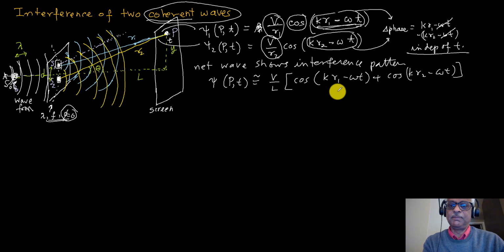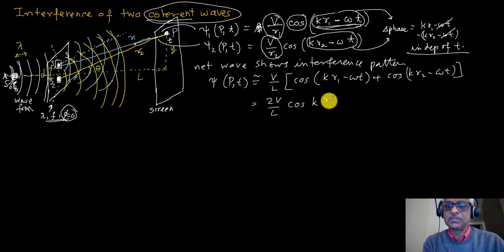We can write this as 2v over L, using the cosine A plus cosine B formula.